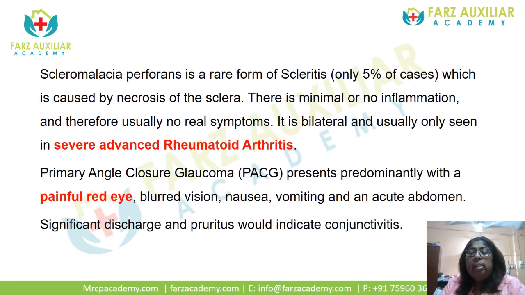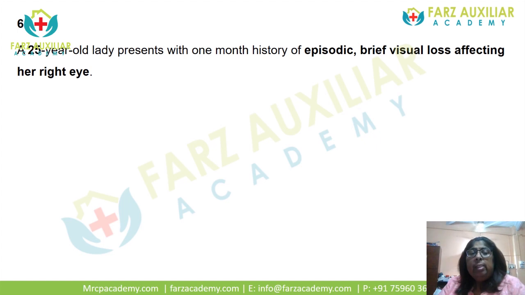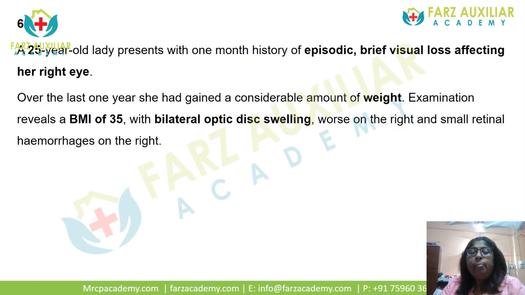Number 6. A 25-year-old lady presents with a 1-month history of episodic, brief visual loss affecting her right eye. Over the last 1 year, she has gained a considerable amount of weight. Examination reveals a BMI of 35 with bilateral optic disc swelling, worse on the right, and small retinal hemorrhages also on the right.